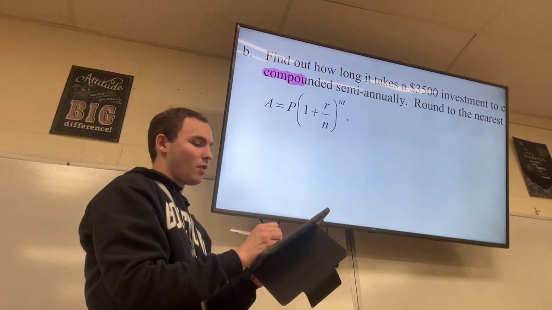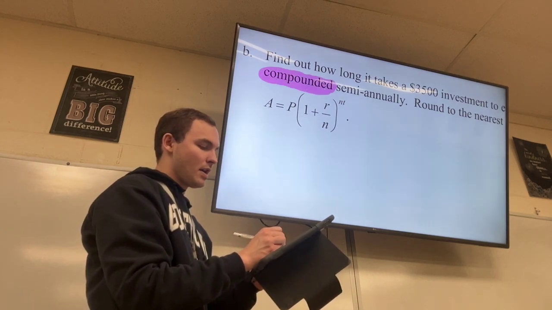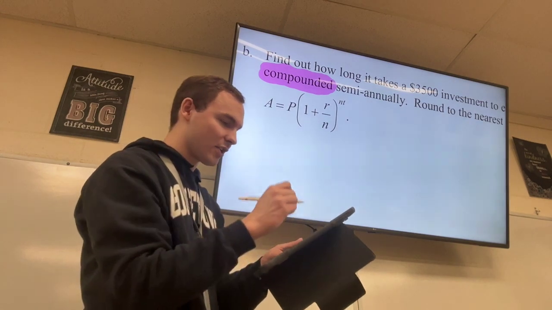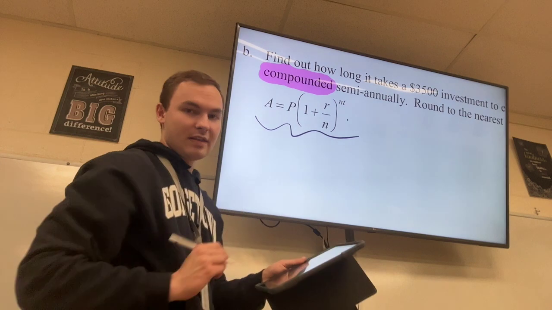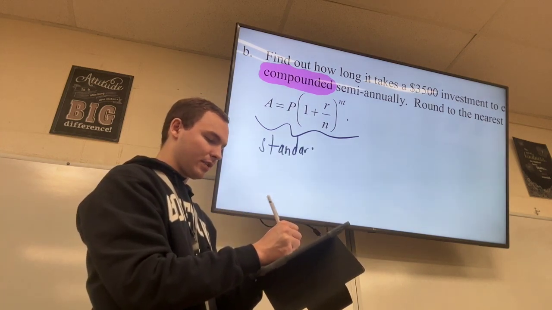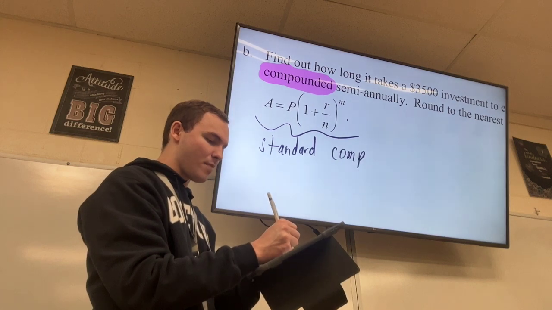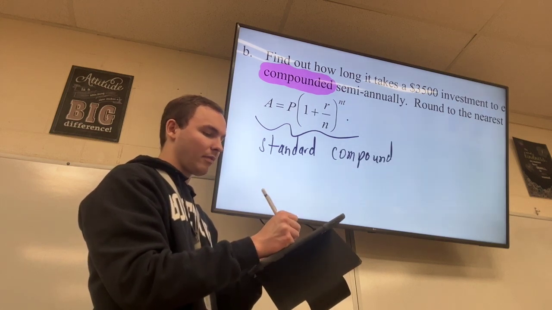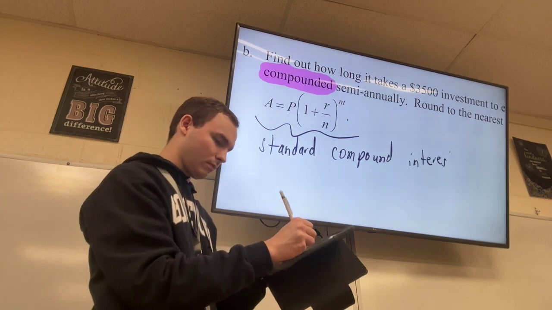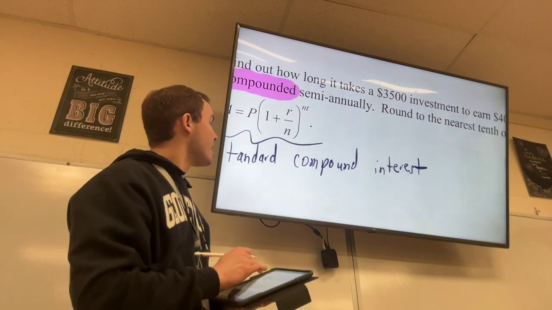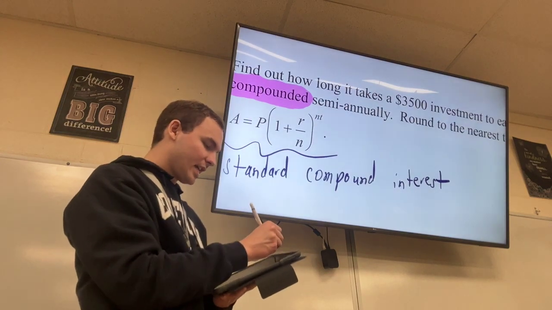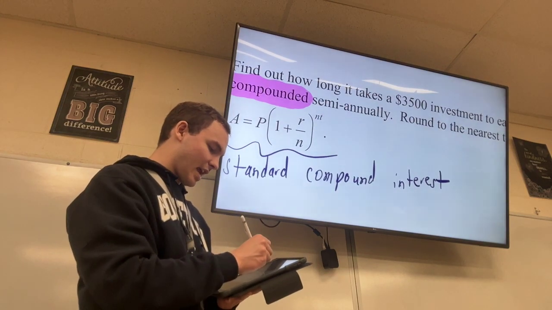The word compounded tells us I need to use my standard compound interest formula right here. Standard, I mean just regular run-of-the-mill, what we've been doing all year, what we did back in August. I know I'm going to use this original compound interest formula because it says semi-annually.